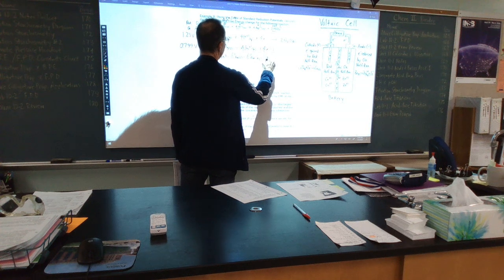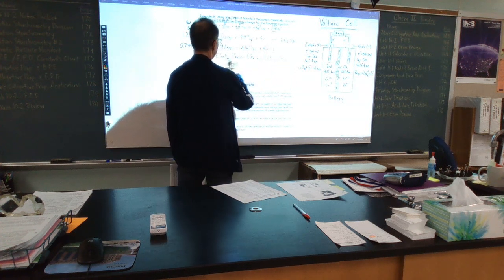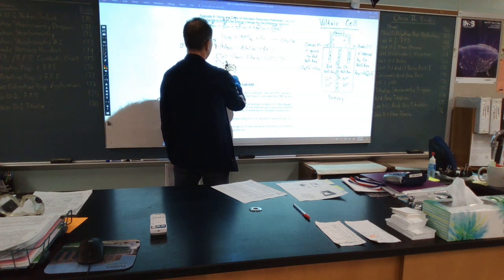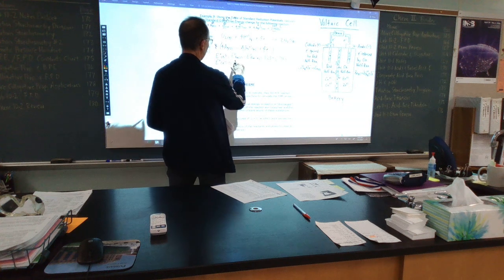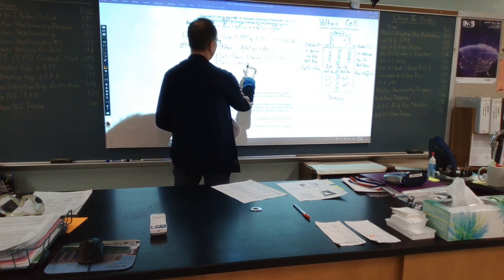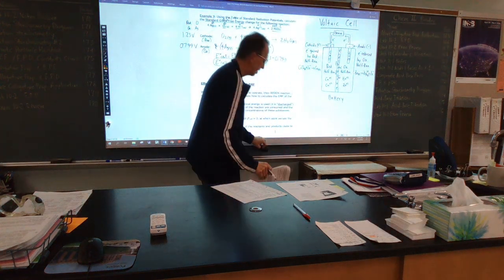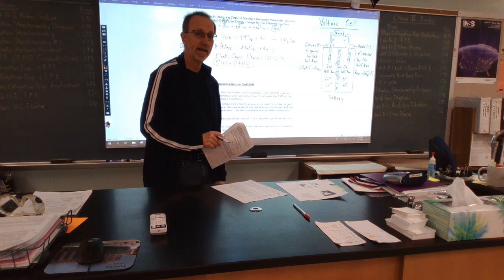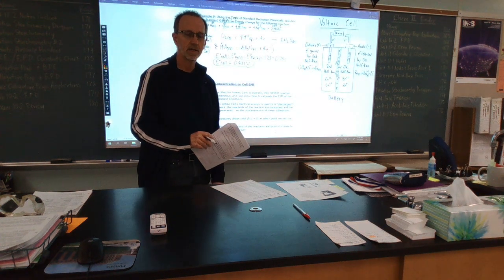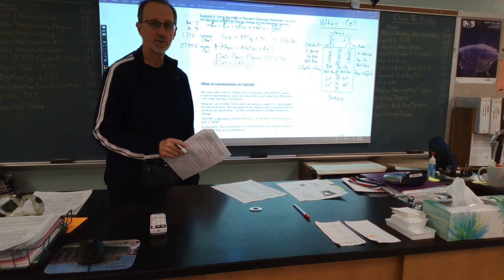So we have 1.23 minus 0.799. And so our E cell value then is 0.431 volts. And as you can see, since that value is positive, this is an operating cell, right? It will occur spontaneously and produce an electric current.